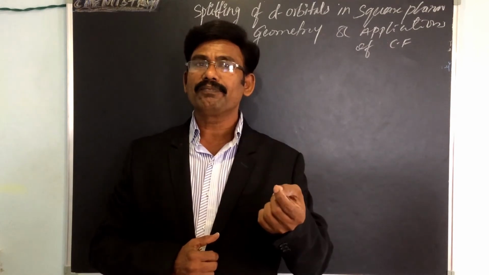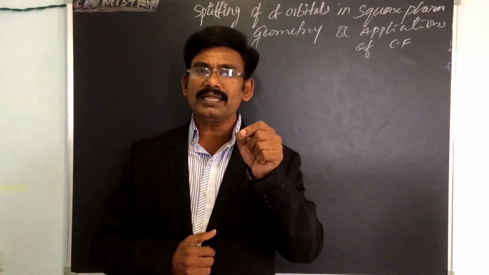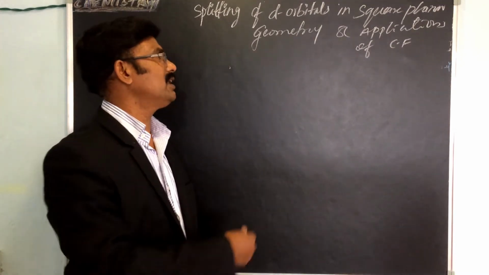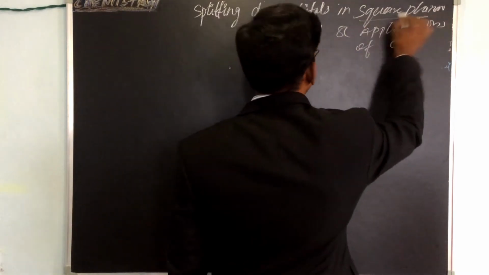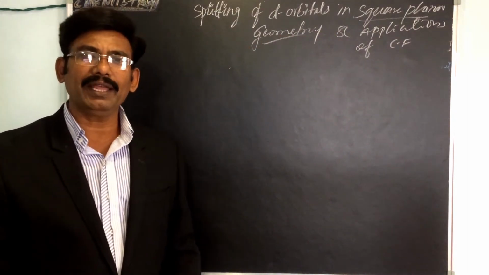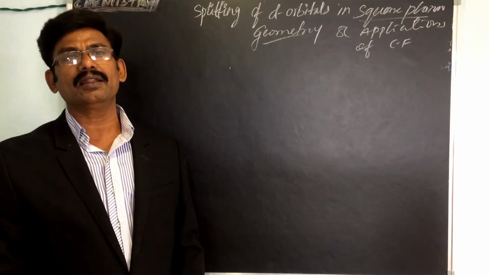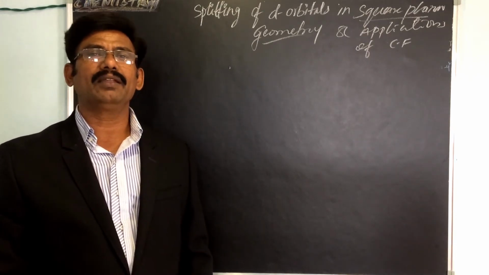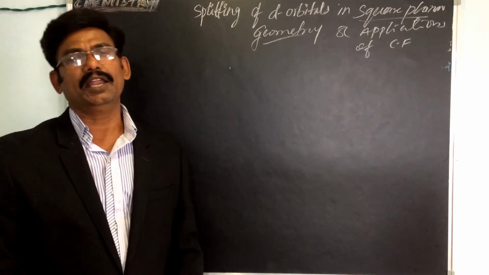Today we have to discuss the splitting of d orbitals in square planar geometry. Can anybody draw the square planar? Okay, no need.